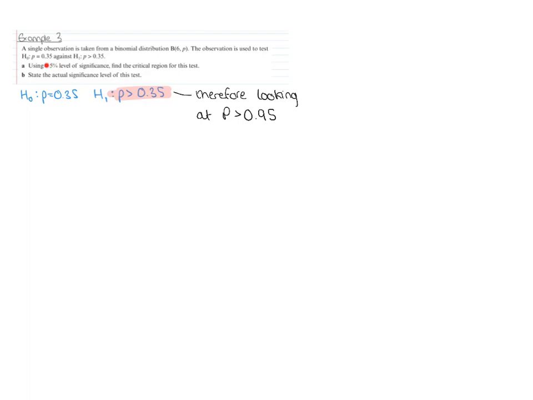And it's a 5% level of significance, so we want the probability to be greater than 0.95. So we do our table, and we're trying to find the probability of x being less than or equal to a value, where that is the first value greater than 0.95.